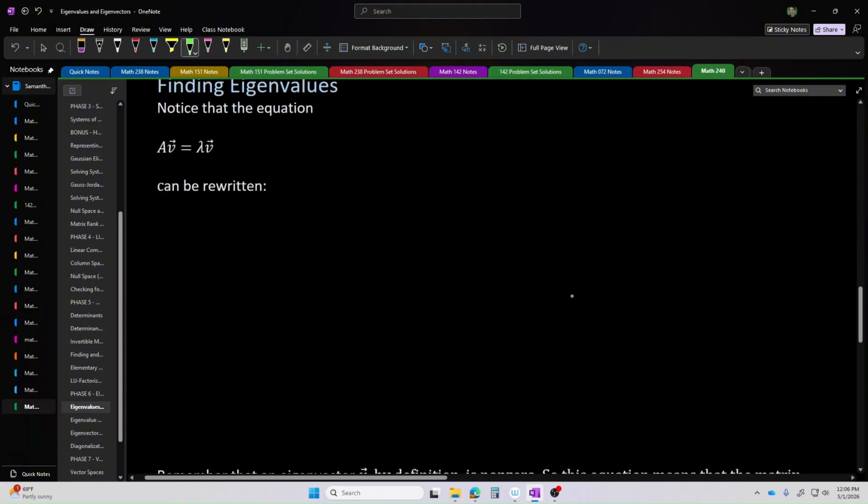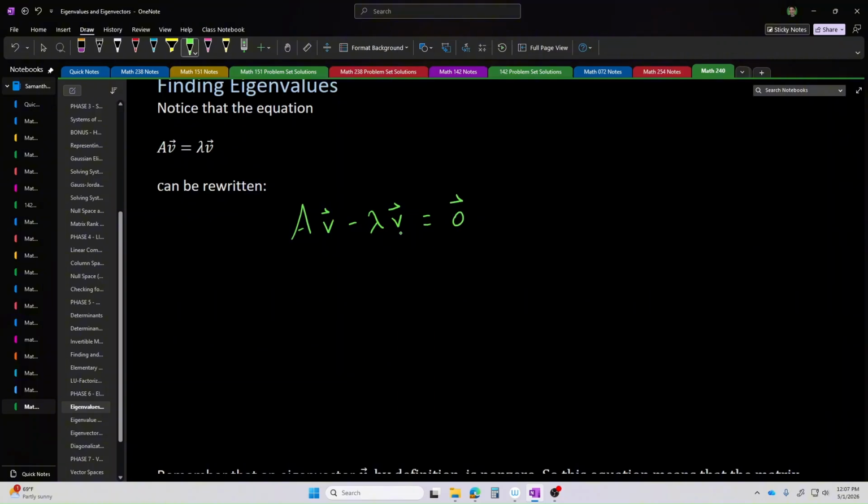Let's take this equation and let's rewrite it a little bit. The first thing that I would like to do is subtract the vector lambda V from both sides. So that turns this equation into AV minus lambda V equals the 0 vector on the right side.